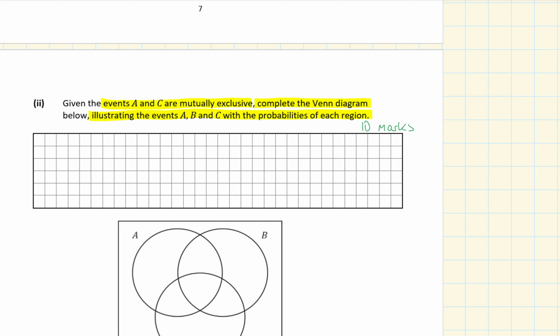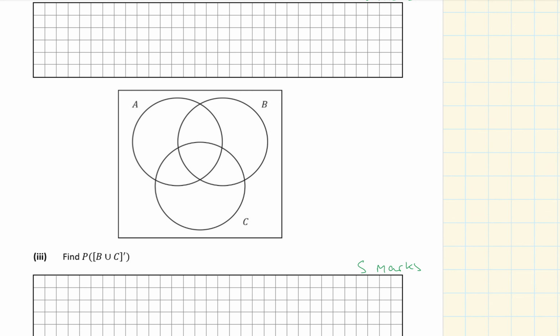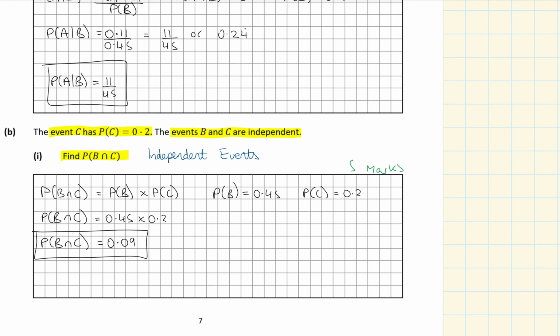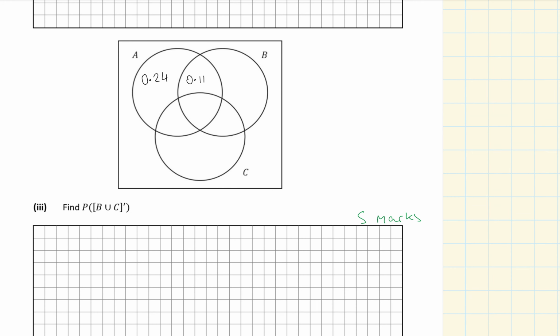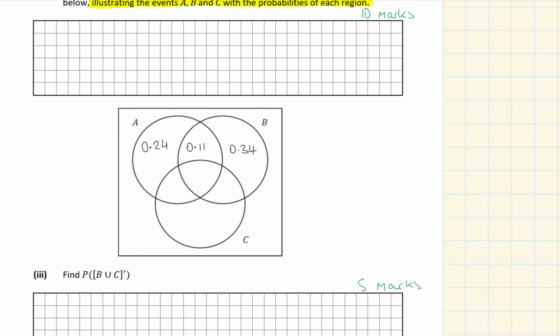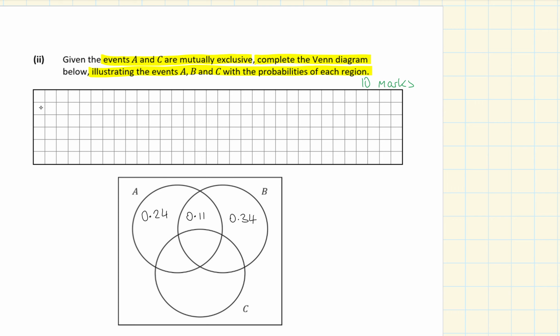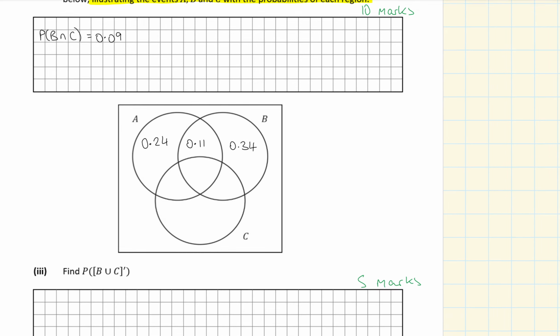We'll use our information from above when we were just dealing with A and B. So we had 0.24, 0.11, and 0.34. And we've just figured out in part 2 that the probability of B intersection C is equal to 0.09.